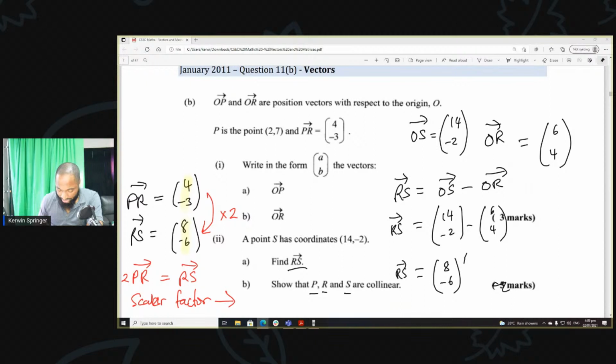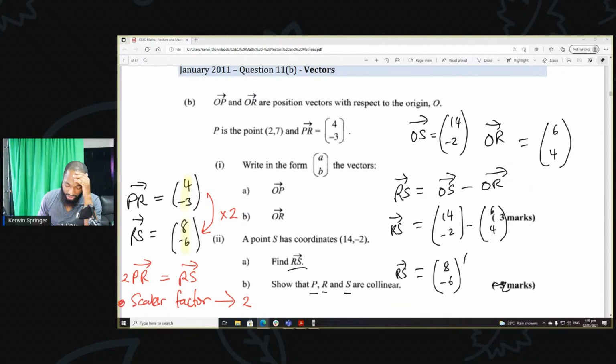So the scalar factor of 2. Or you can use a scalar multiple like Michelle is saying, but you just need to say that RS is a scalar multiple of PR, or has a scalar factor of 2, and they share a common point.